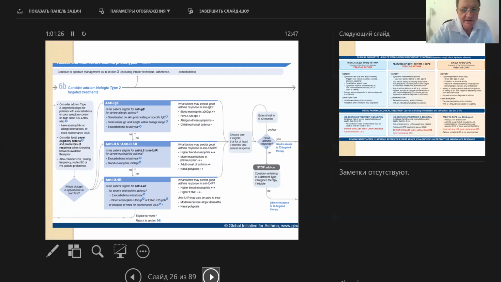Otherwise, if the patient has another type of inflammation, for example, no symptoms of higher T2 inflammation, but the patient has more than 500 eosinophil cells in the blood, the patient can be eligible for anti-interleukin 5 or anti-interleukin 5 receptor treatment.